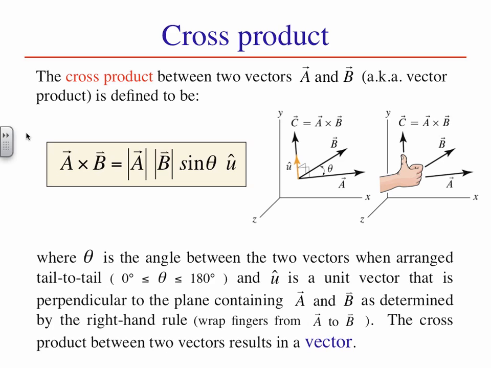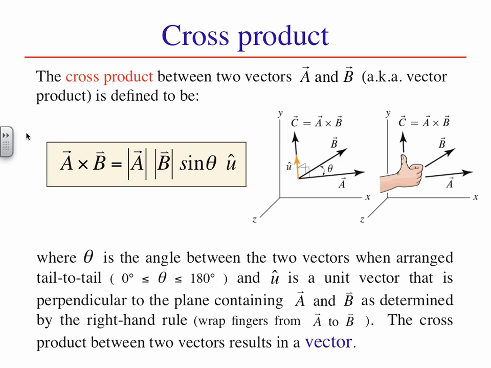As with the dot product, the angle theta is permitted to have a range of 0 to 180 degrees. Given this range of theta, the cross product magnitude is either 0 if A and B are parallel or pointing in opposite directions, or positive. The magnitude is never negative.